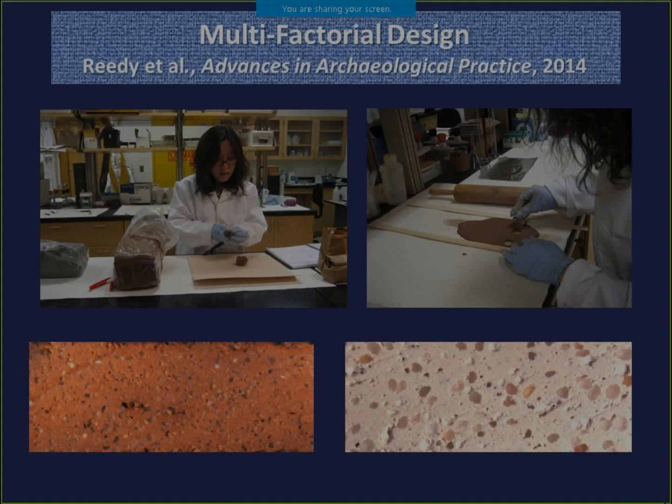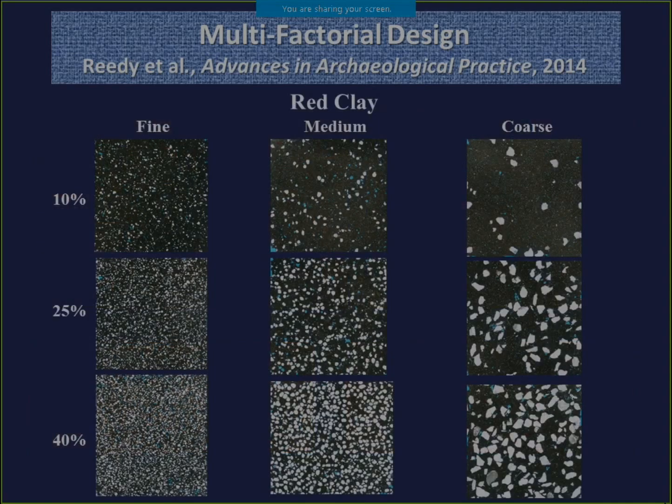Since image analysis tends to vary for different basic appearances, we used two types of clay typically found, with one that fired to a red color and one that fired to a white color. And since we thought protocols might show some variation depending on particle size, we used three sand sizes: fine, which was 70 mesh, medium, 30 mesh, and coarse, 16 mesh.